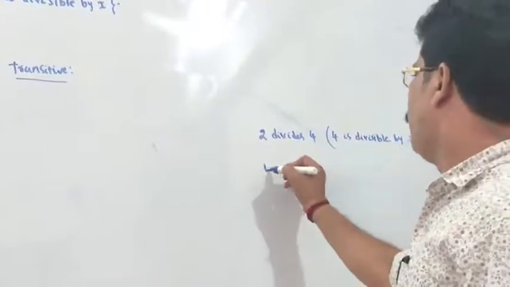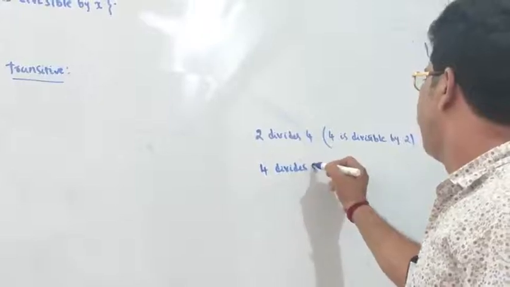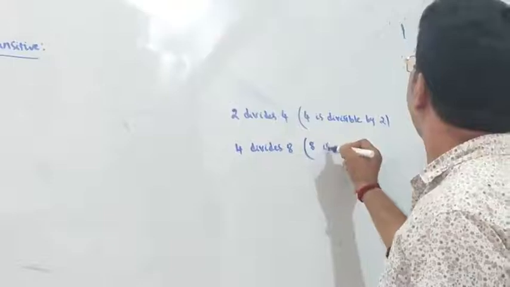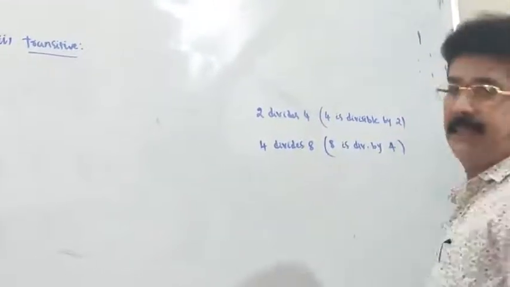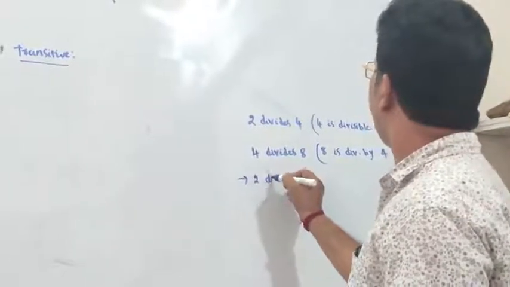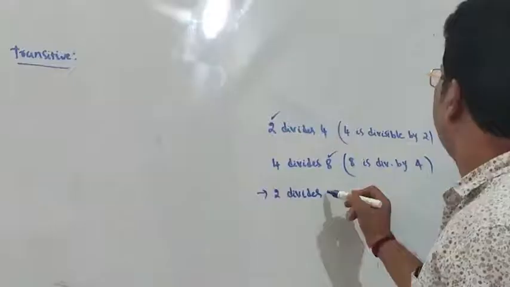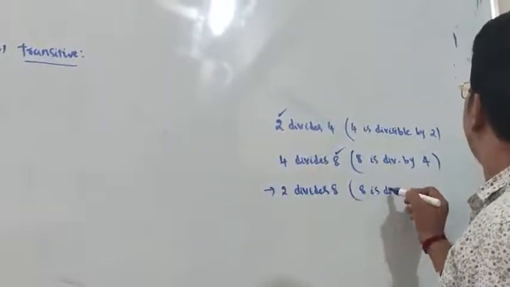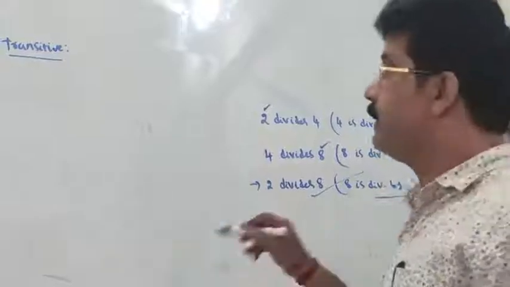Next, 4 divides 8, which means 8 is divisible by 4. Then 2 divides 8, which means 8 is divisible by 2. So it is correct.